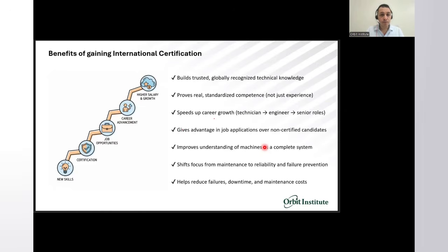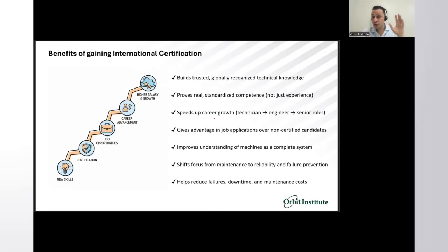Briefly, we can say that an international certification makes your technical knowledge more trusted because it's checked by a global organization. It shows that you have real and standardized knowledge, and this is the most important thing, not just experience. Experience is very good, experience beats everything. However, the international certification proves that you have standardized knowledge in this field.